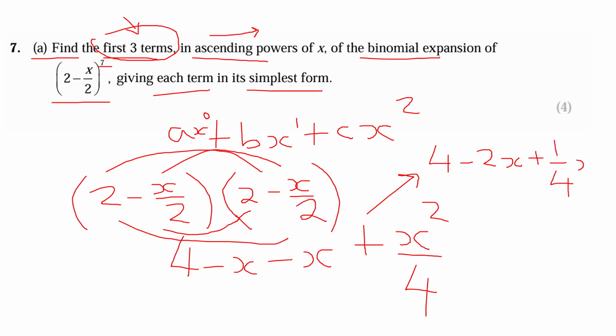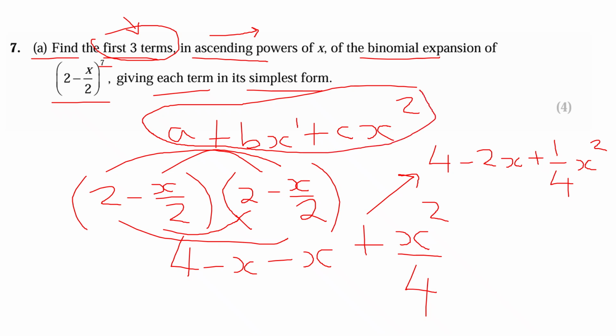And that is in its simplest form. Just to be clear, I expanded double brackets because I wanted the first three terms in ascending powers of x. So I've got a constant term, a term with an x in, and the next squared term. Because that's a quadratic expression, the only way to make that possible is to have double brackets.